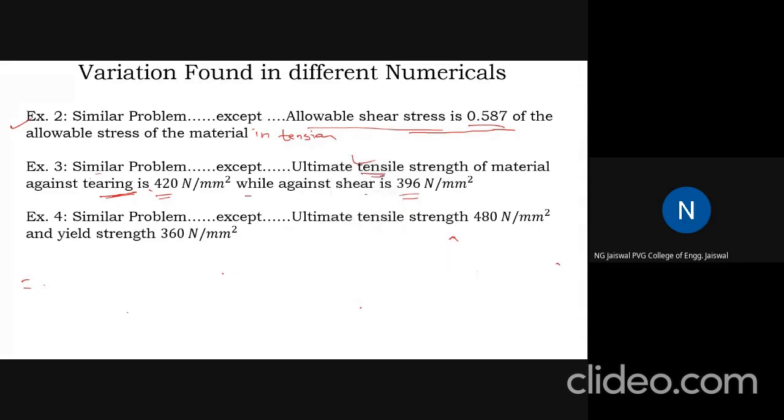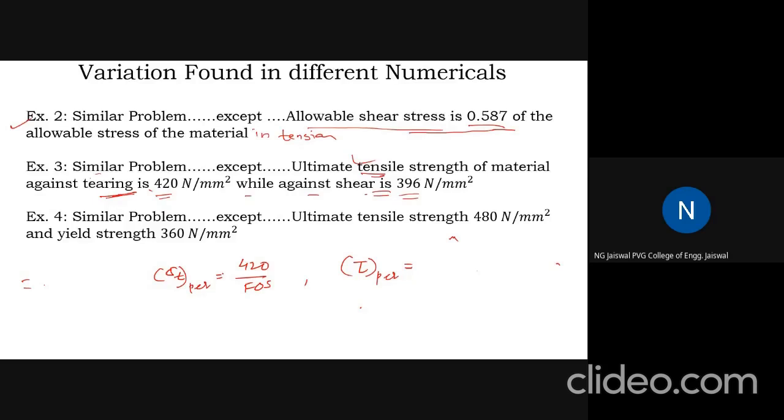Okay. So, ultimate tensile strength is given, shear strength is also given. It means you use these two values. Ultimate tensile strength you will use to find out the permissible tensile strength, that will be equal to 420 divided by factor of safety, whatever is given. And since shear strength is given separately, in this case, permissible shear stress is now not equal to 50% of SYT.